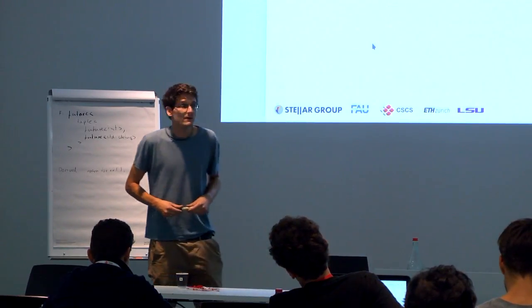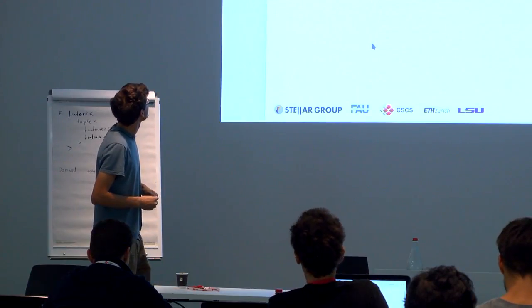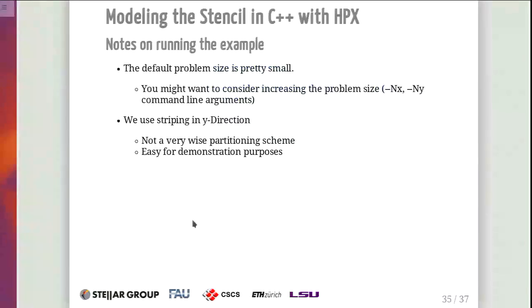If you run the example by yourself, the default problem size that I set in the program options is pretty small. It's 1,000 times 1,000, so not a lot of things to compute. So if you try the example out and play with it a little bit, you might want to consider increasing the problem size using the --nx and --ny command line options.